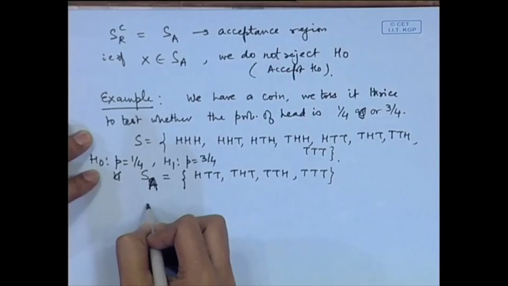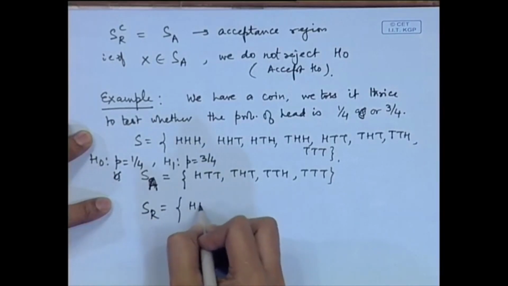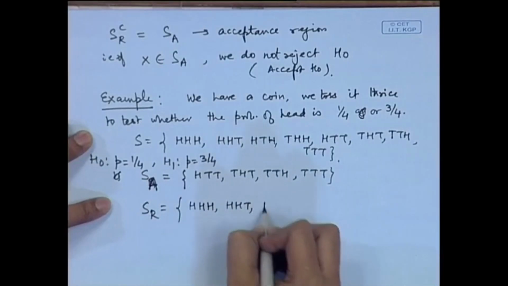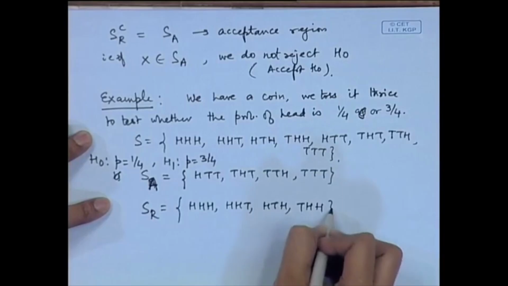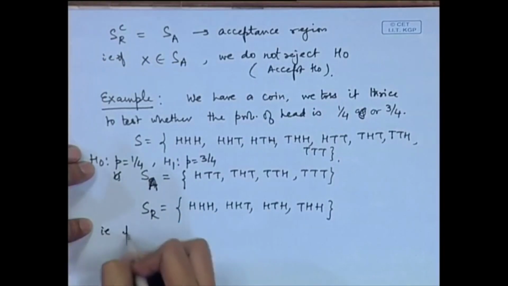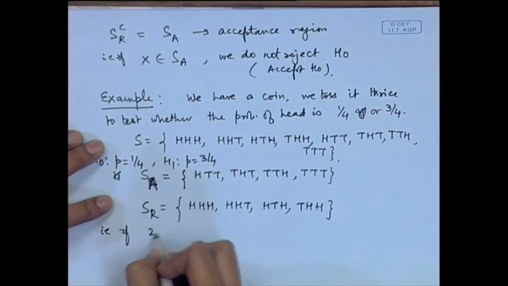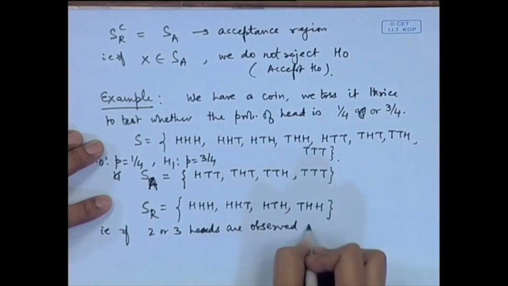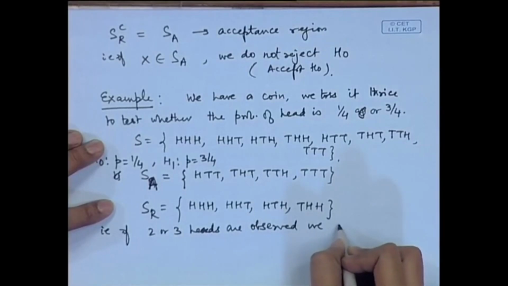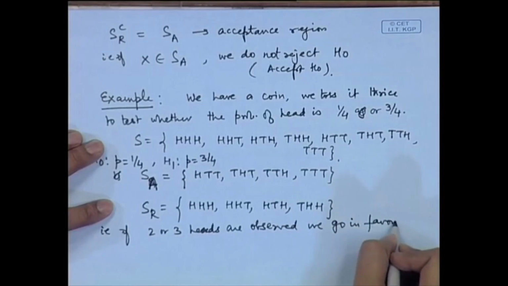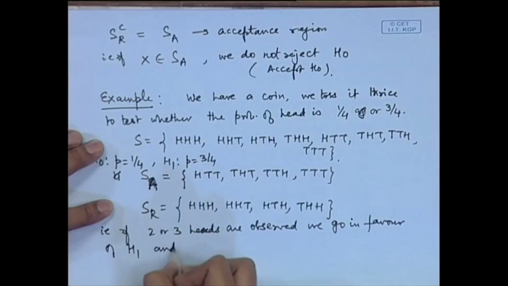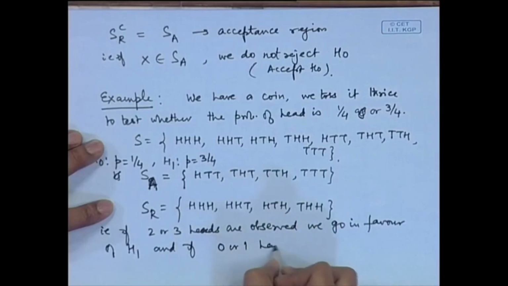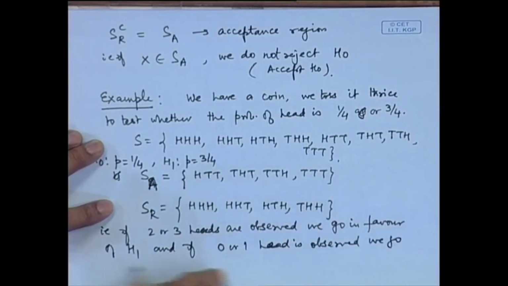So, this will be acceptance region and the complement of this could be H H H, H H T, H T H, T H H. That is, if 2 or 3 heads are observed, we go in favor of H 1, and if 0 or 1 head is observed, we go in favor of H naught.